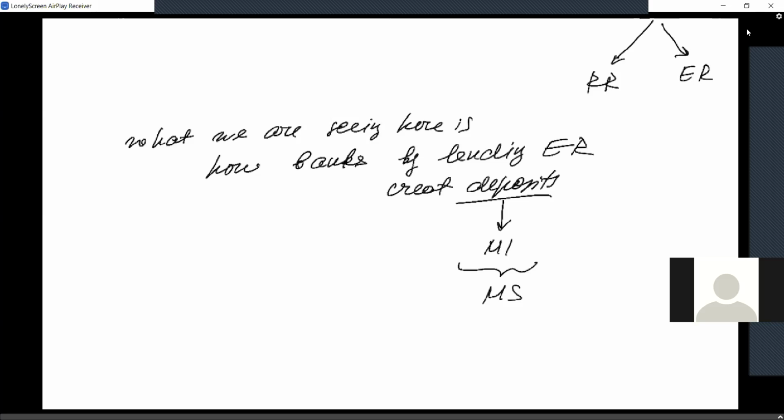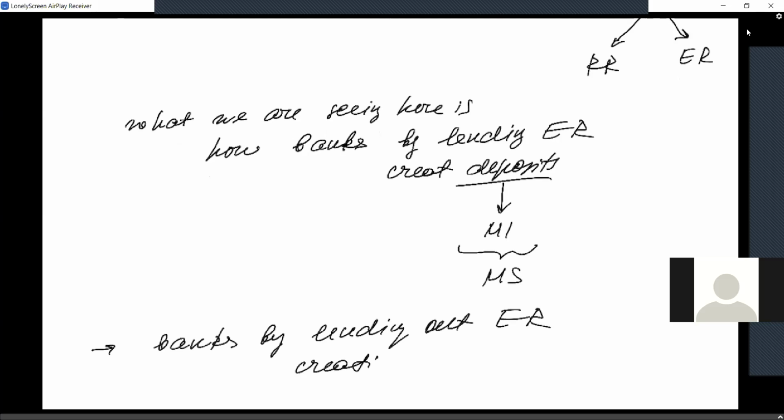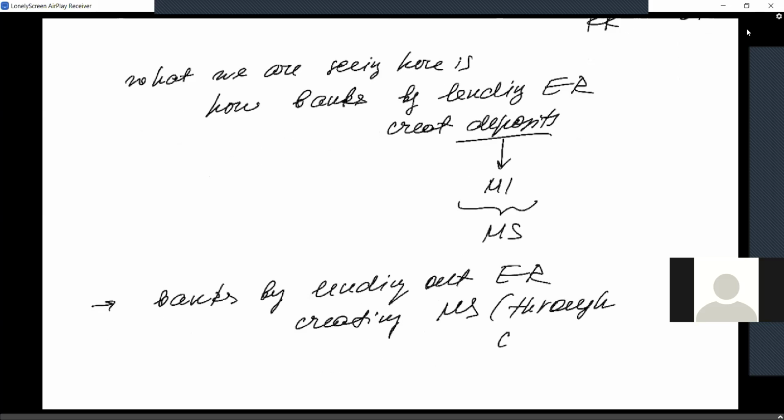So banks, by lending out excess reserves, are creating money supply through creation of deposits.